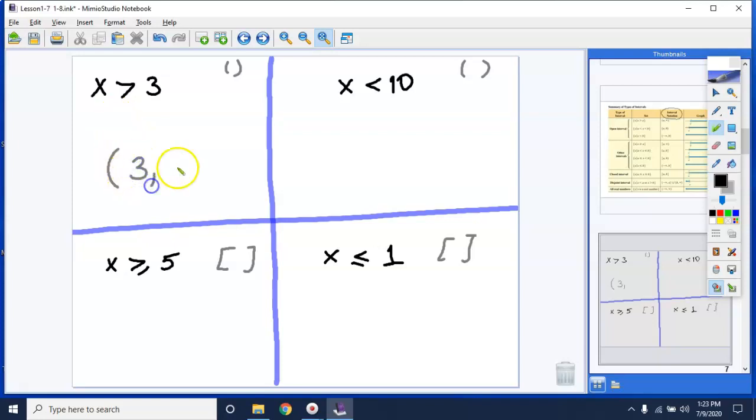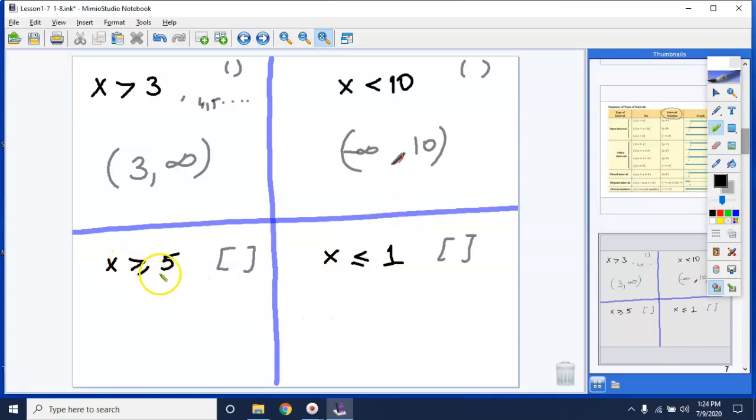So you start with 3 and you go to infinity, because you mean 4, 5, 6, and so on, right? That's how you represent it. Here x less than 10. You mean 9, 8, 7, and so on, 0, negative 1, and so on. You represent numbers less than 10, so you should go to the left. It's going to go from negative infinity up to 10. All right, folks.